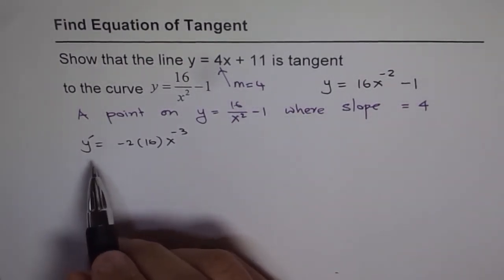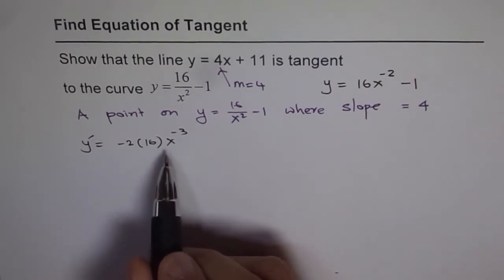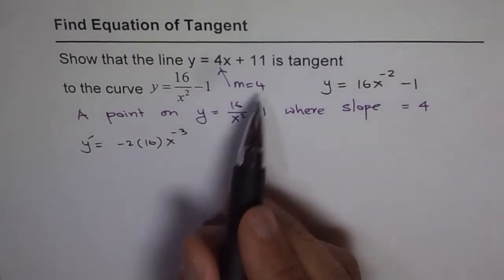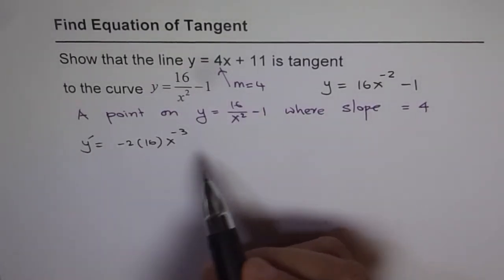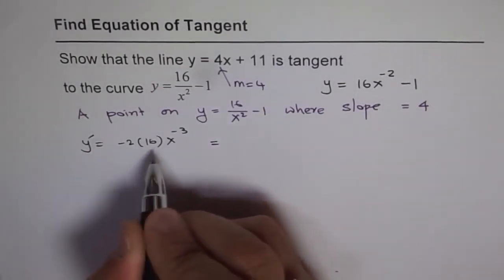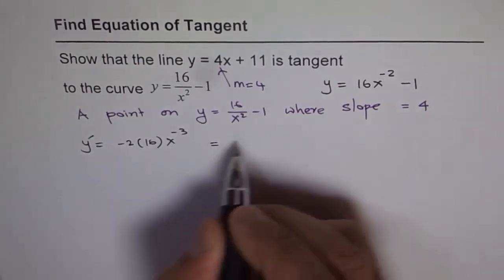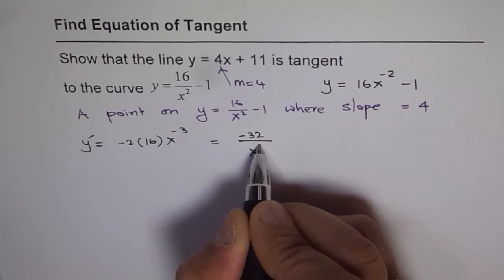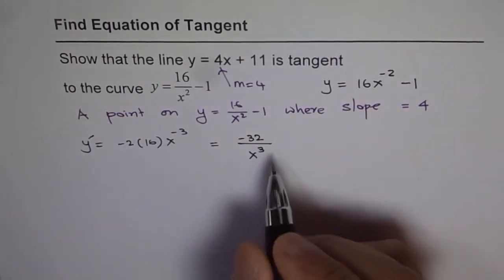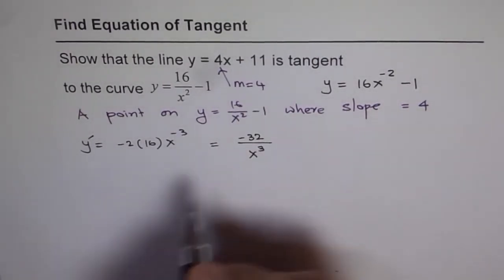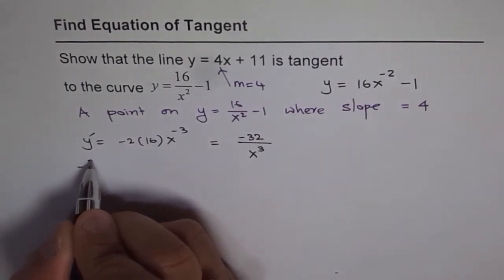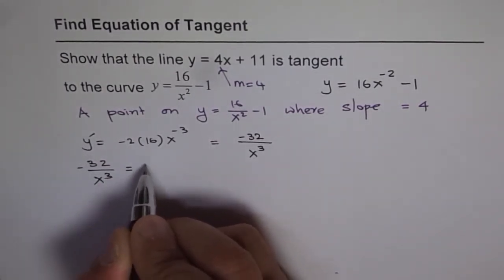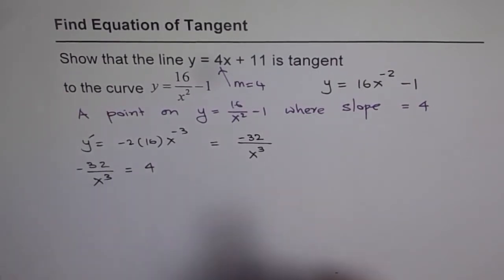Now we want to figure out at which point this is equal to 4, right? So let's equate this to 4. The expression can be written as minus 32 over x cubed. Since the slope is 4, minus 32 over x cubed equals 4. Now let's solve for this.